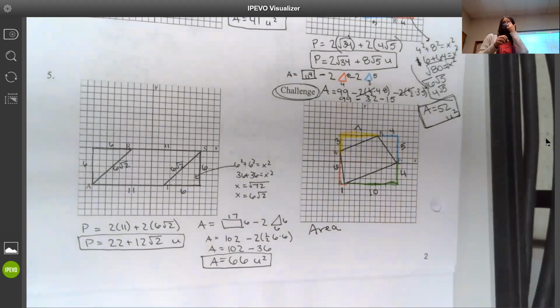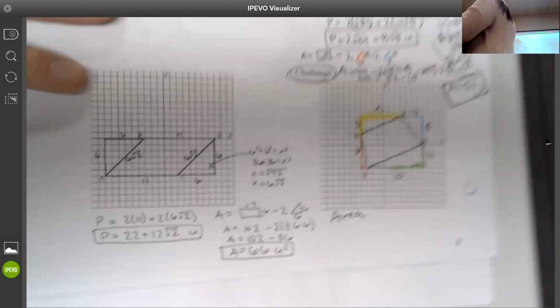Okay, so I'll give you 5 more minutes or so. Keep working. Try a triangle on the back if you have time, if you haven't already. I'll zoom in on that one if I can.